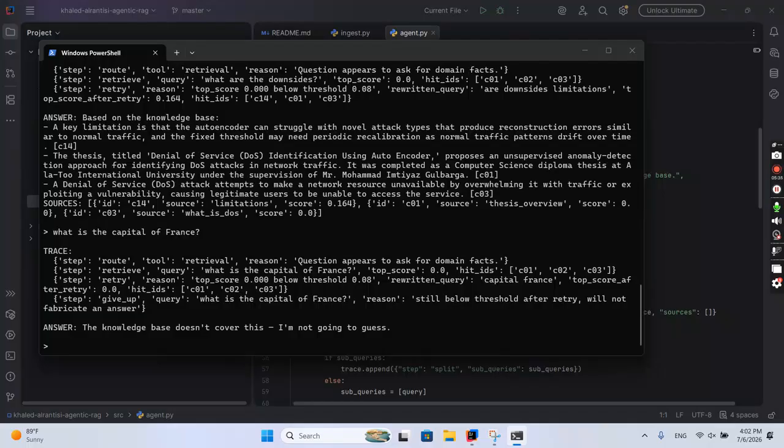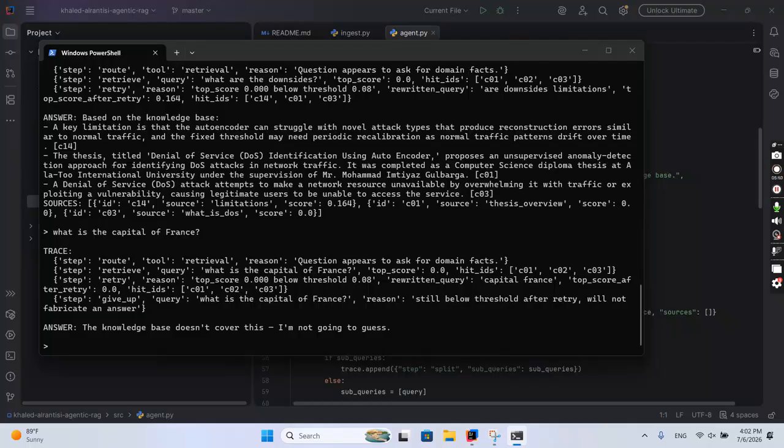While testing this, I actually found a real bug. My search engine treated the words limitation and limitations as two completely different words, so a correctly written question still failed.